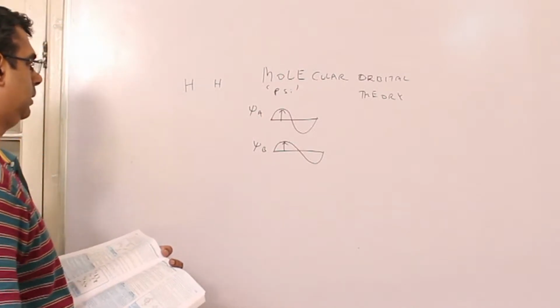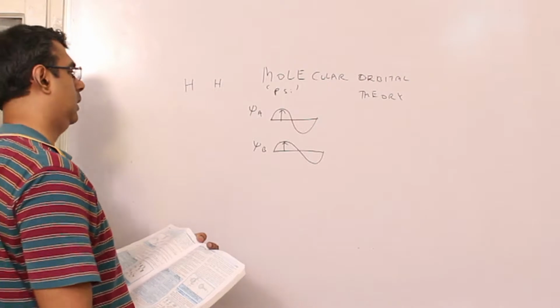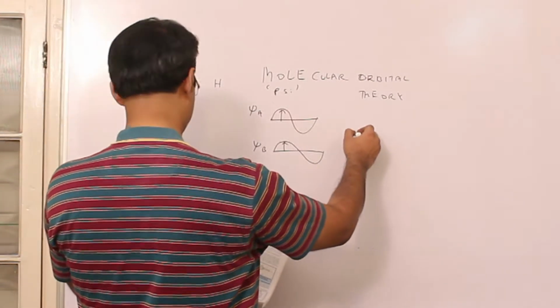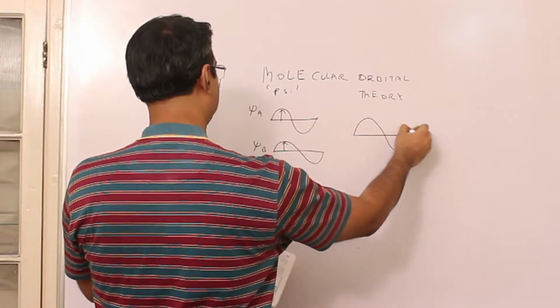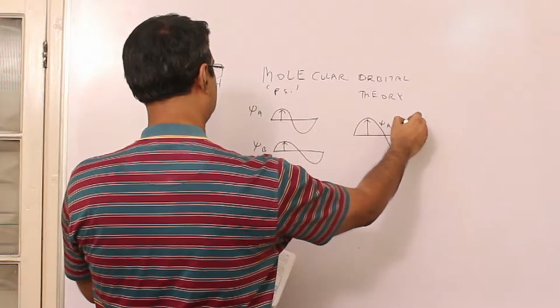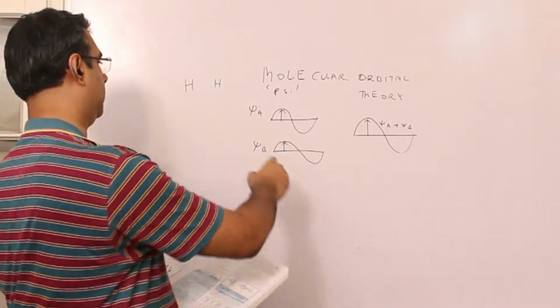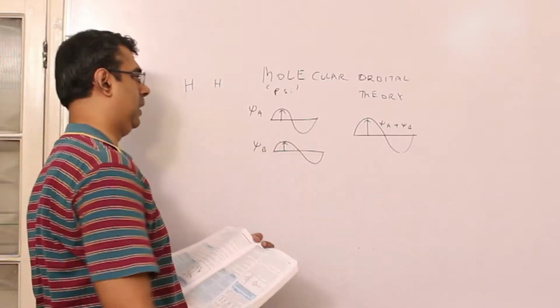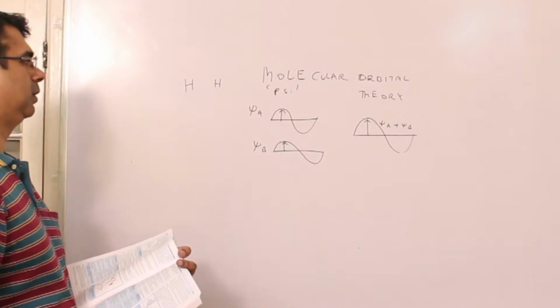Now when the two atomic orbitals overlap, the resultant electron wave is obtained by the addition of the two amplitudes. So psi a plus psi b gives the amplitude of the resultant electron wave.